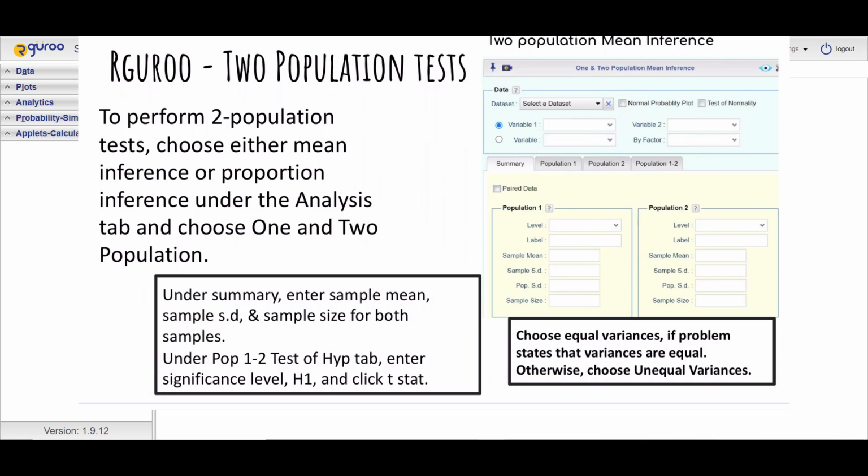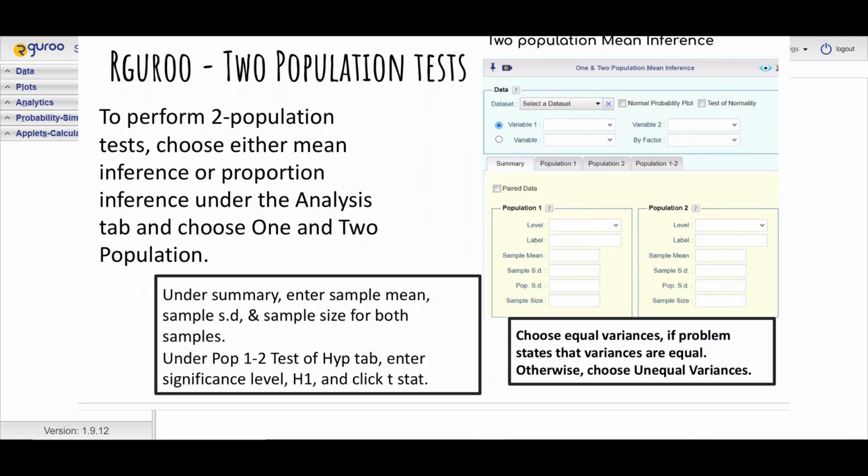You would fill in your sample mean for each sample from that population. And then most likely you're going to be given the sample standard deviation rather than the population standard deviation. So you would fill that in, and then you would fill in the sample size. Okay, so the first step is just filling in what we know, what we've been given.